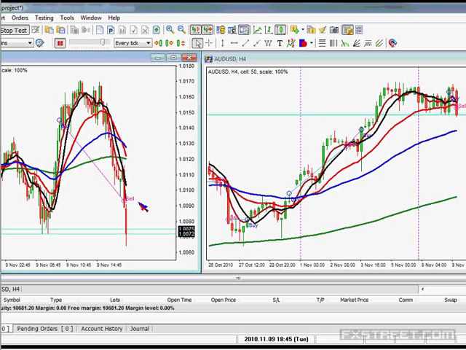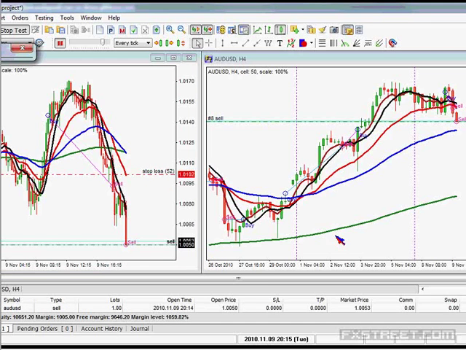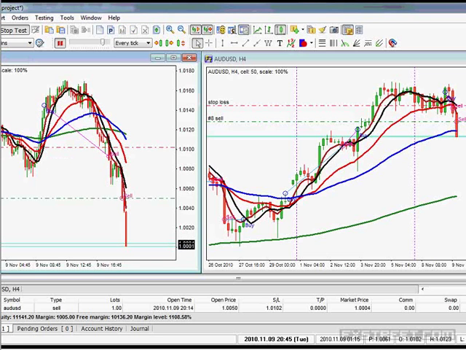Okay, broke. Thought we were going to break to the bottom. There you go. We'll short that. Stop up here, and we'll just hope. Boom, up 50 pips. That's alright.